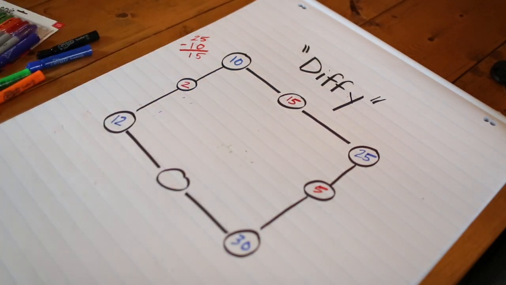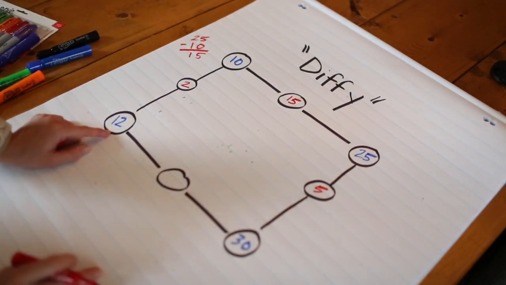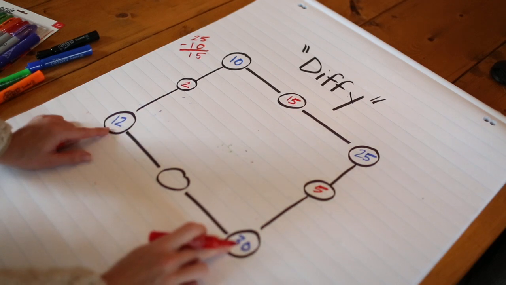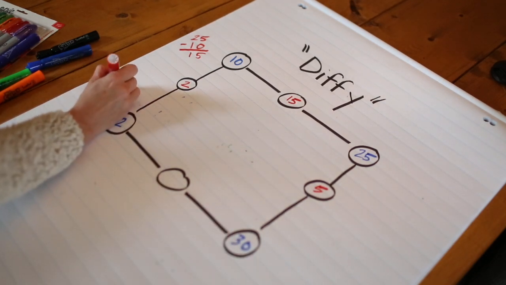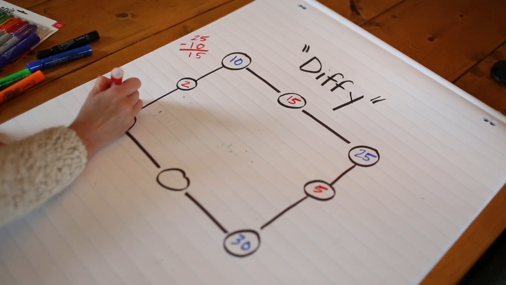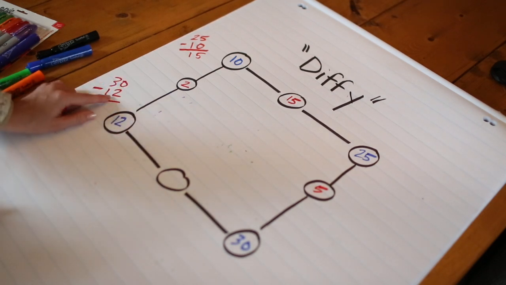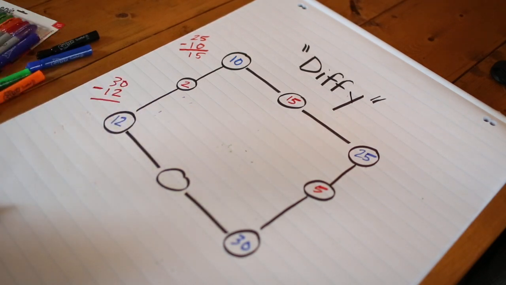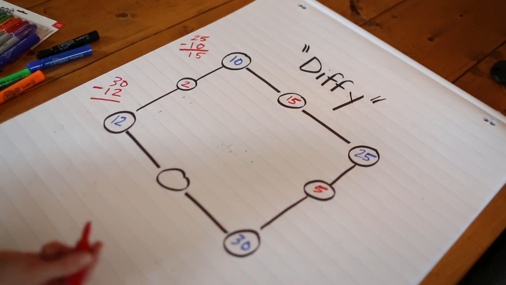Then heading down to my bottom one, the difference between 30 and 12, they might try the stack. Not feeling confident with this, so I need to have another strategy. This is where I would say, let's get going with the number line.